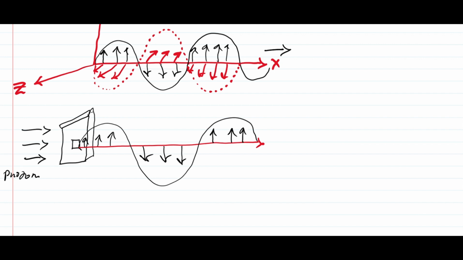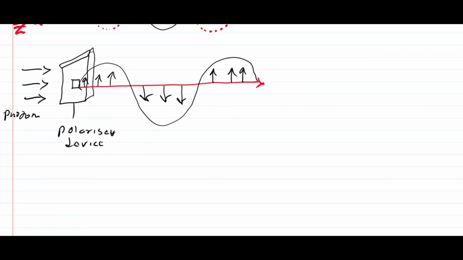Now when a photon of light is passed through a polarizer, we are calling this polarizer device, we generate a certain type of light known as plane polarized light.